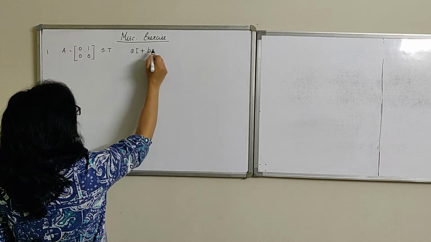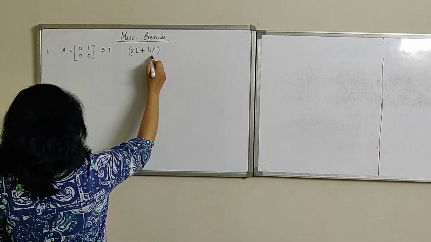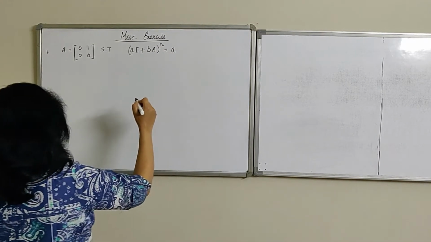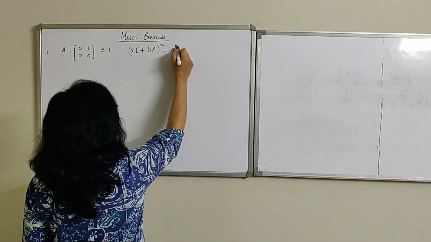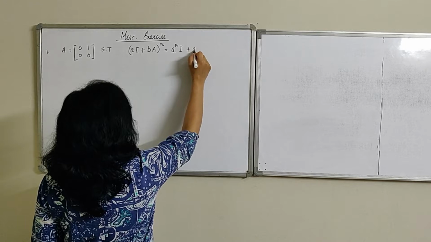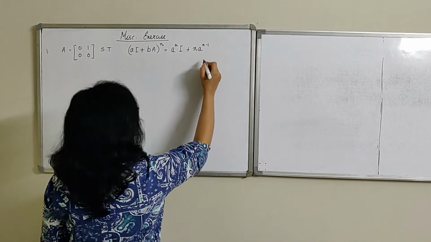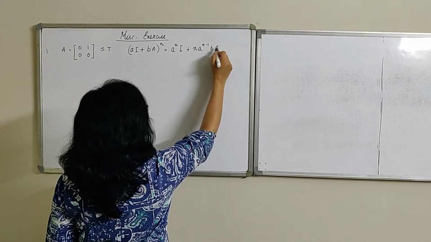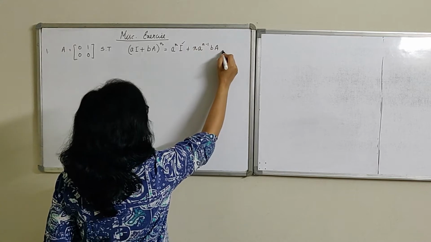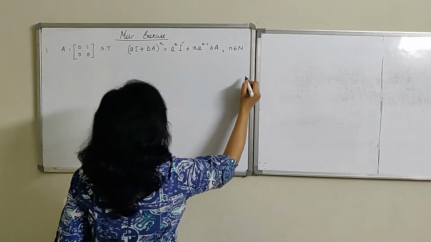(aI + bA)^n is a^n into identity matrix plus n a^(n-1) b into matrix A, where it is understood I is identity matrix and we have to prove this result for all natural numbers.